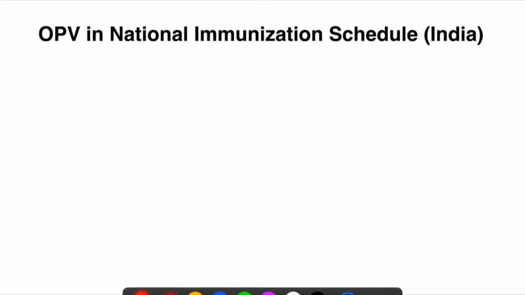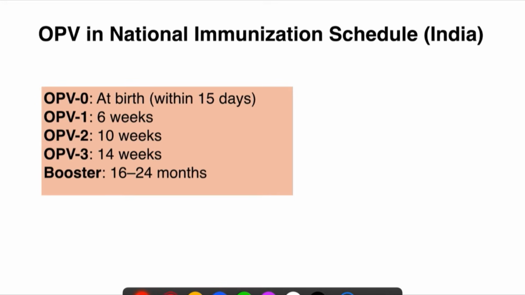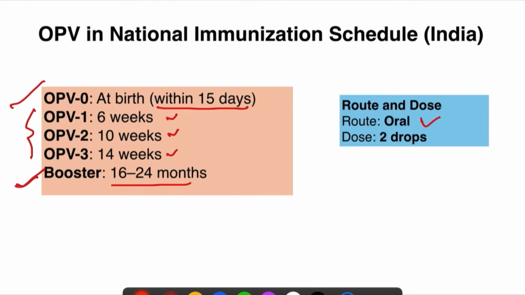If we talk about the schedule of OPV in the National Immunization Schedule, it is given at birth, which is known as the 0 dose, and it is to be given within 15 days. Then 3 doses of OPV are given at 6, 10 and 14 weeks along with the pentavalent and rotavirus vaccine. Booster of OPV is given at 16 to 24 months.